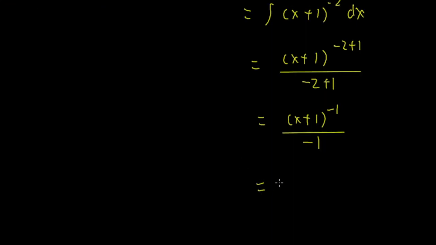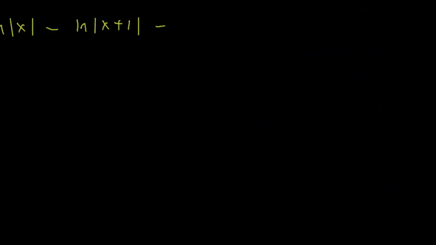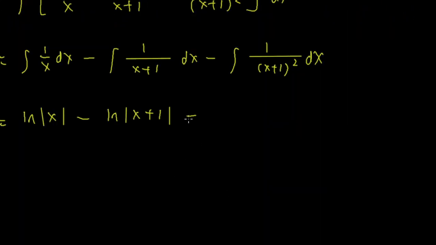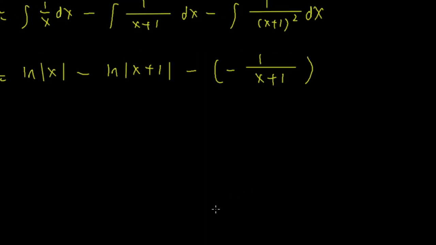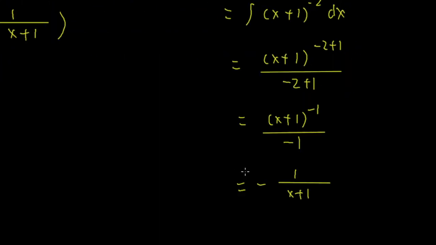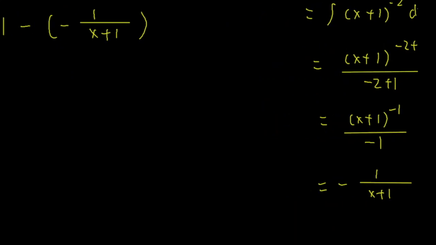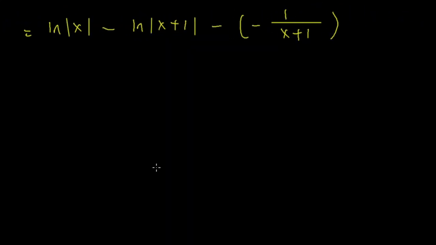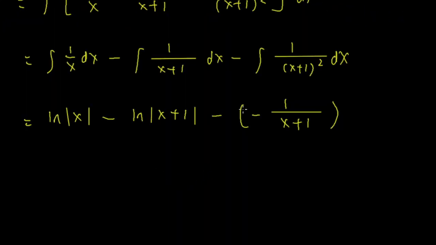And that's the same as negative 1 over x plus 1, right? Because this is a negative exponent, it will move this term to the denominator. Okay, so this I will write here. So minus negative 1 over x plus 1. This one. And of course, minus a minus is a plus.